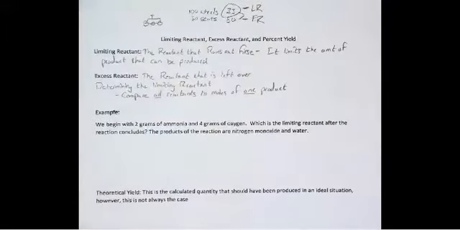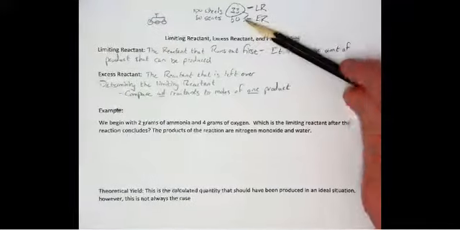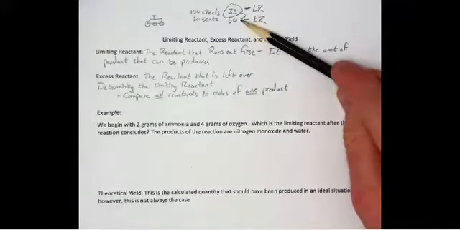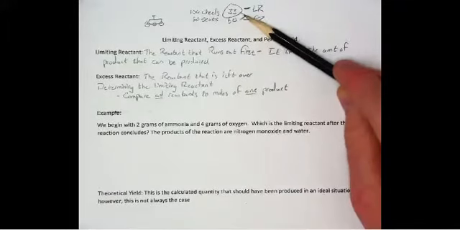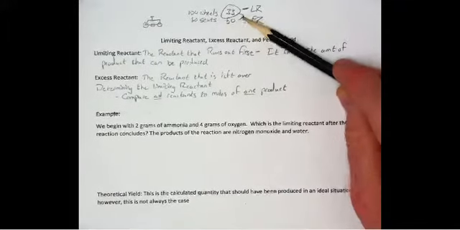We compared the amount of product, or tricycles, that we could make if given certain quantities of reactants, wheels and seats. We are going to, in our chemical equation, compare the amount of product that we can make if given those specific quantities of reactants. We will quite literally be completing this exact same process that we did above, except we're going to use masses and moles to make our determination.